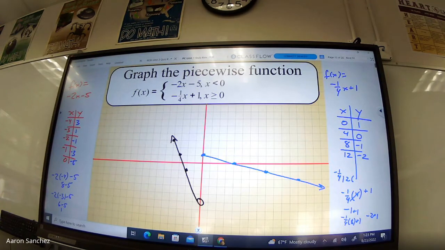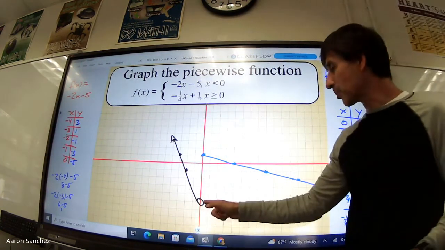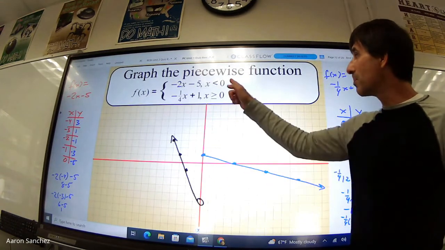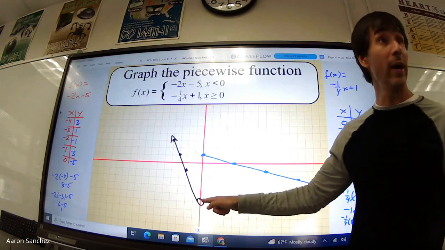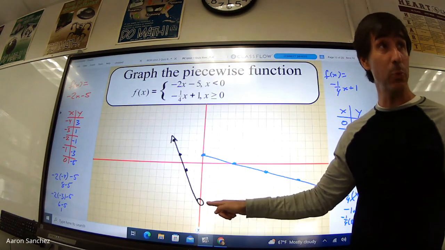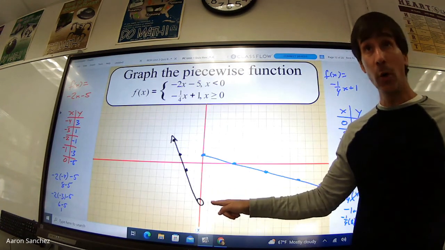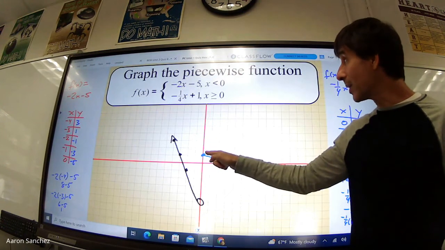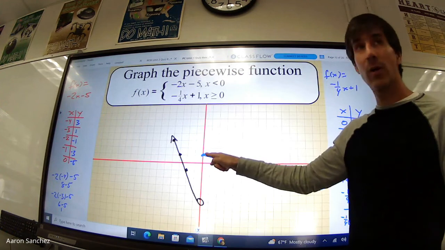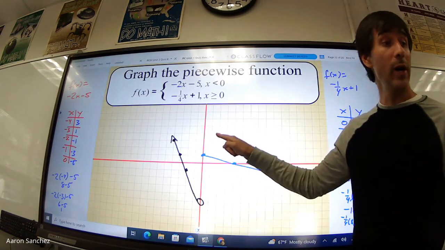Because this function tells me it stops right here, it can't be bigger than 0. You have to have an open circle. No arrows would mean it goes past this point. It's wrong. So an open circle here, and here, no arrows, because it starts right here at greater than 0. So a point, no arrows.